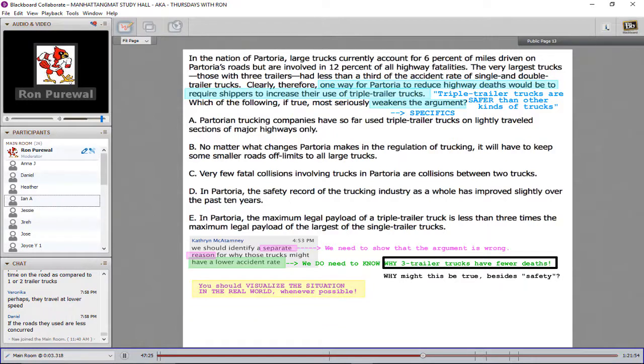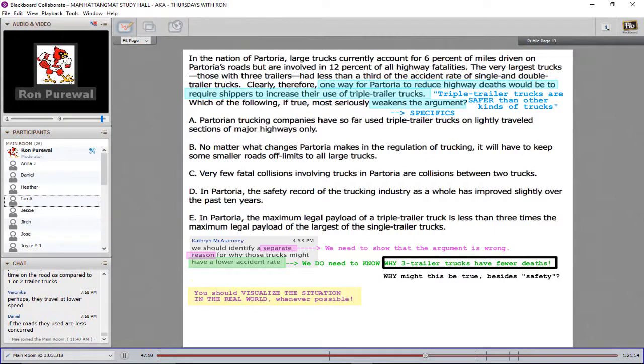Are you going to be able to drive that thing anywhere near a major city, or anywhere near highways with lots of traffic on them? No way, right? The only place you're going to be able to drive that thing is on highways that are in the middle of nowhere.